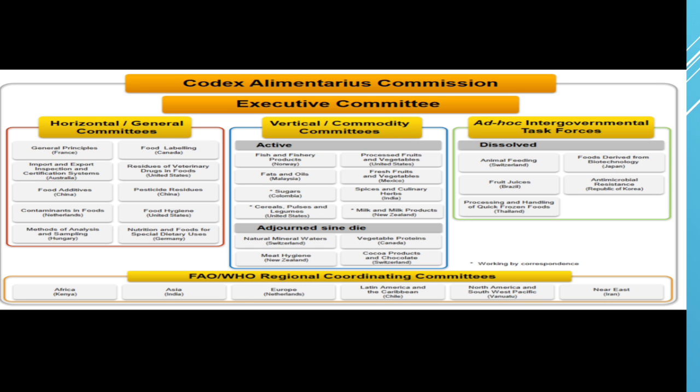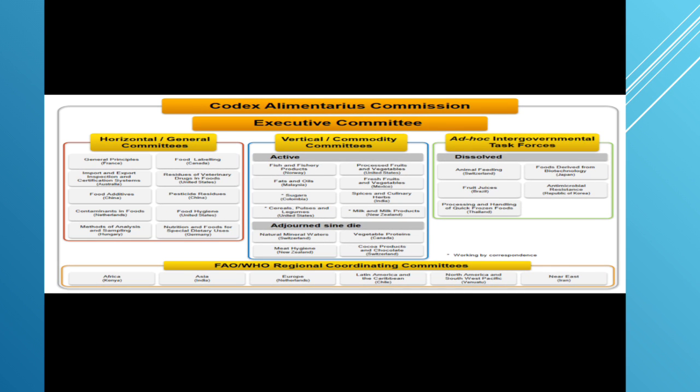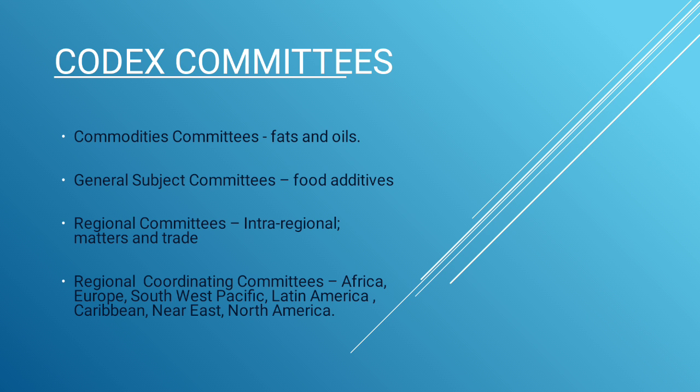The regional coordinating committees include Africa, Asia, in India, Europe, Latin America, in the Caribbean, North America, and Southwest Pacific, as we have talked about in the previous slides. Here are the points as we have mentioned.